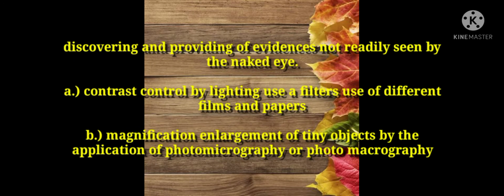The discovering and providing of evidence not readily seen by the naked eye. A. Contrast, control by lighting, use of filters, use of different films and papers. B. Magnification, enlargement of tiny objects by the application of photomicrography or photomacrography.